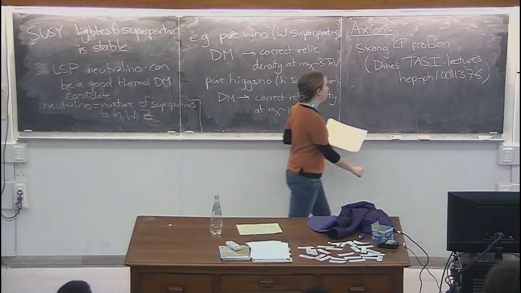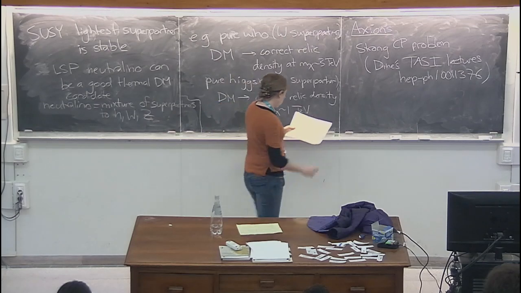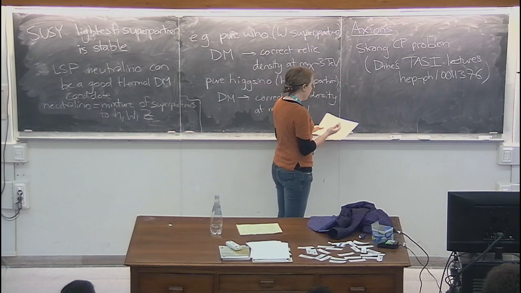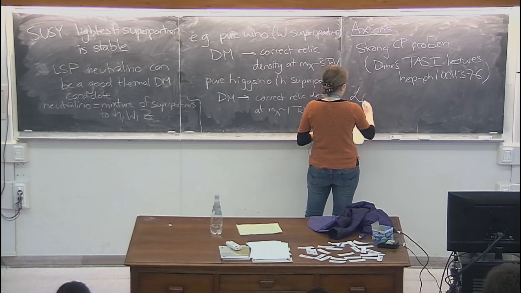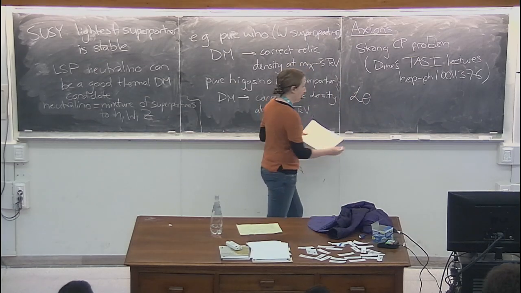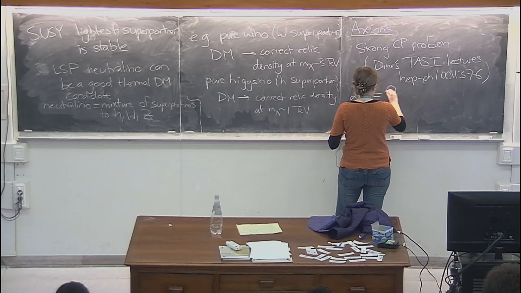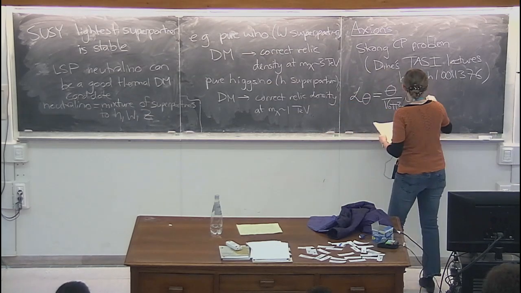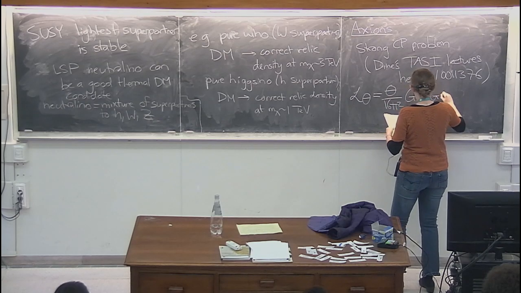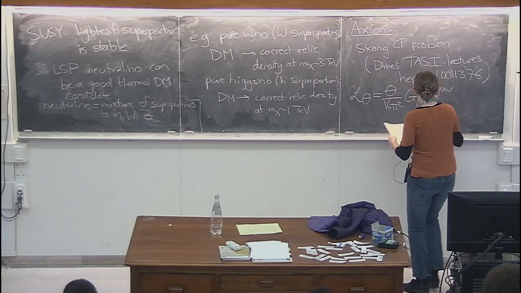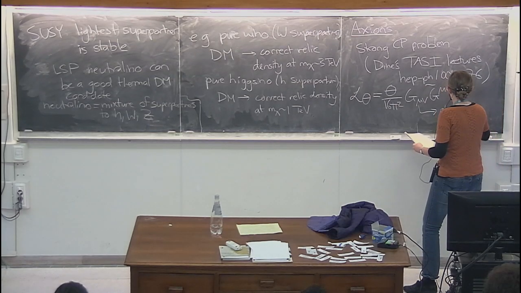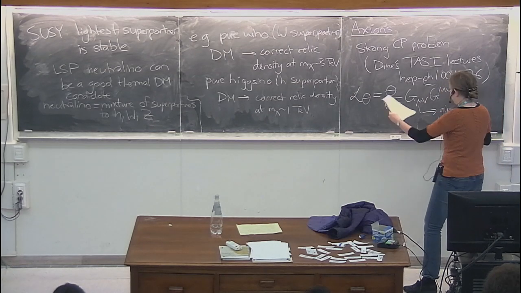Okay, so the basic strong CP problem is that in principle, the standard model Lagrangian could have a CP violating term in the QCD sector of the standard model, where this is the gluon field strength, and this theta is just a parameter.